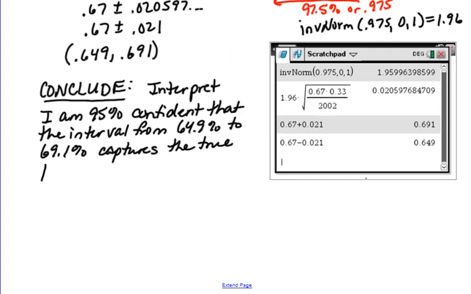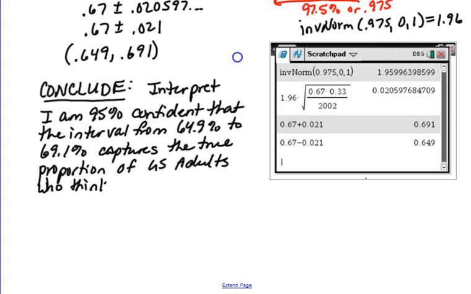Make sure you say that one way or the other. The true proportion or the population proportion of U.S. adults who think that the internet is mostly good for society.